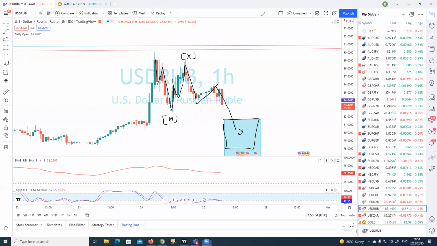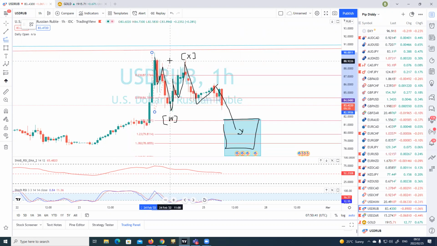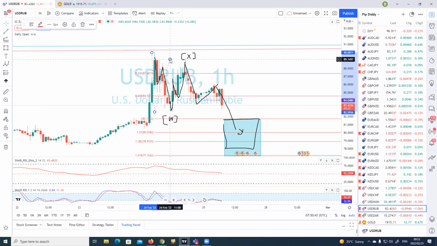So if we are to place our fibs, we would find that the 100% to 138.2% area is right here. Okay, so this is a high probability area for the market to reverse from, right?